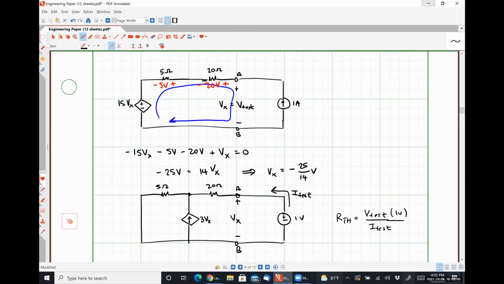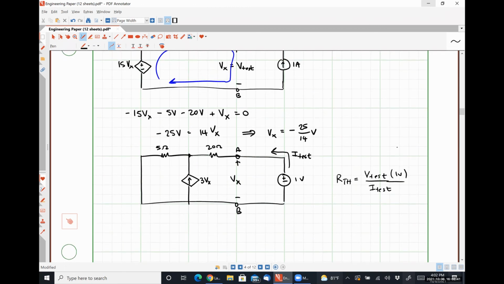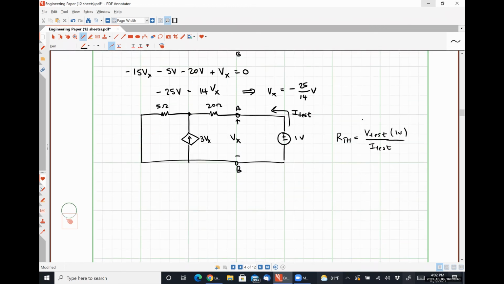So what we did before using a source transformation, let's see how that pans out for us. Doing that same source transformation is going to give us, sorry, that shouldn't be 30, it should be 15.